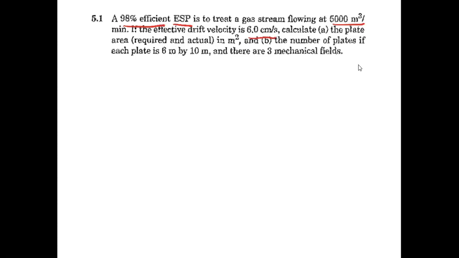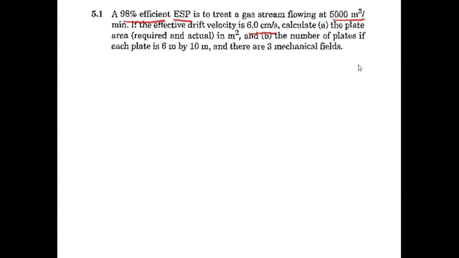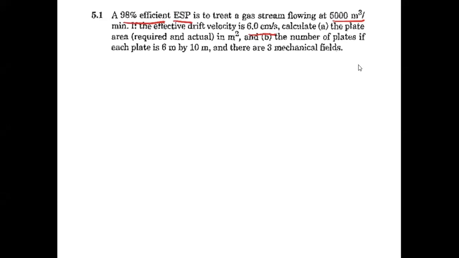Okay. I think due to the time limit for this class, we have to go a little bit faster now, right? So the central equation for the ESP is basically the Deutsch equation, right? We introduced that in the class. That's basically eta equal to 1 minus exponential of minus wA divided by Q, okay?